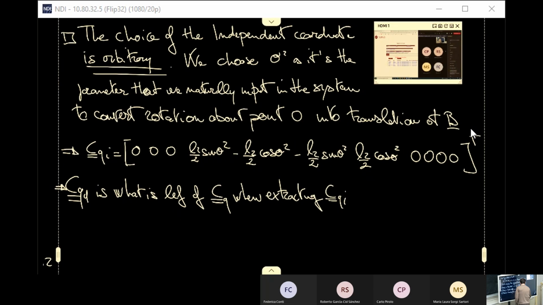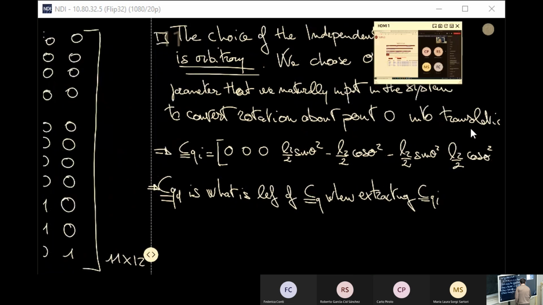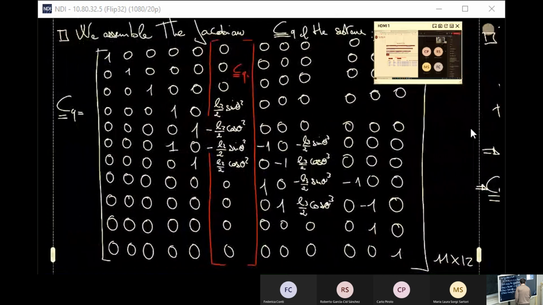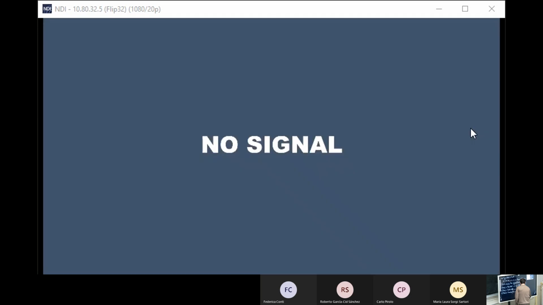So we must ensure that CQD is non-singular. How is that done? It's done by being sure that our Jacobian has a full row rank. And how do we ensure that it has a full row rank?